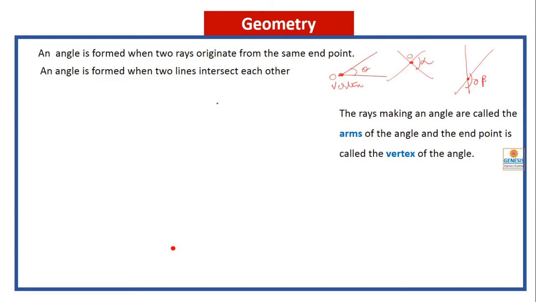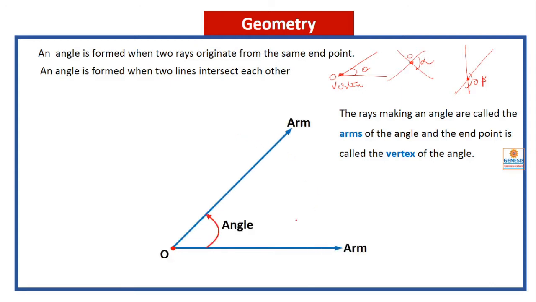This is like alpha or beta or anything. The rays making an angle are called arms. These are the rays, and we can also call this an arm. And the meeting point, that is the end point, we call it a vertex. This is the vertex.